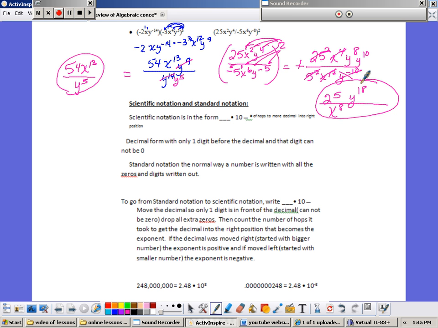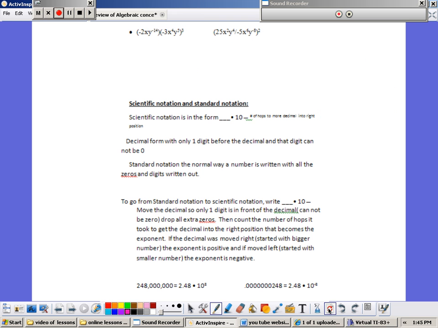Okay, next basic thing we need to talk about is scientific notation. Scientific notation is a way to make a very big number or a very small number into a number that we can handle. As it says, scientific notation is used mostly by scientists, but you need to know what it means in case you have to move it back and forth. Scientific notation is in the form of blank times 10 to the blank.